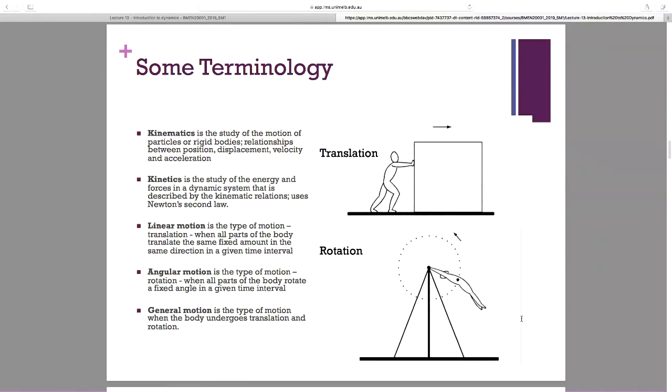Angular motion is when a particle or all the particles that make up a rigid body are undergoing a specific rotational motion, i.e. there's an angle through which they're turning, a revolution or something like that, or a curvature. Finally, general motion would be a combination of both linear and angular motion. So those are just some definitions.